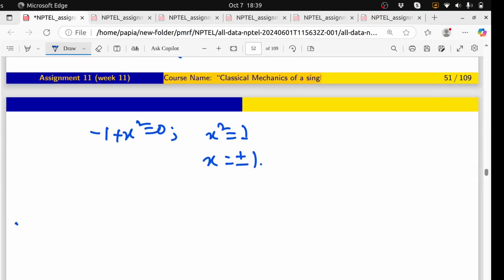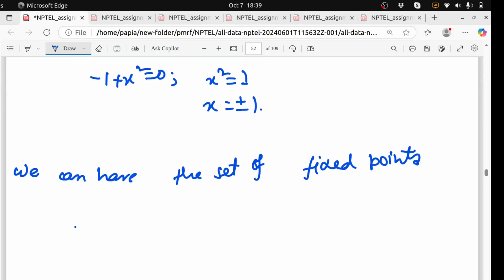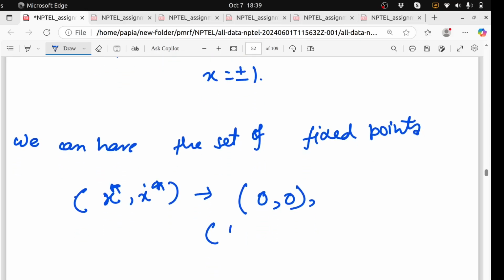So we can have the set of fixed points as (x star, x dot star) equal to (0, 0), then (1, 0), (minus 1, 0). So these three sets give me the fixed point set.